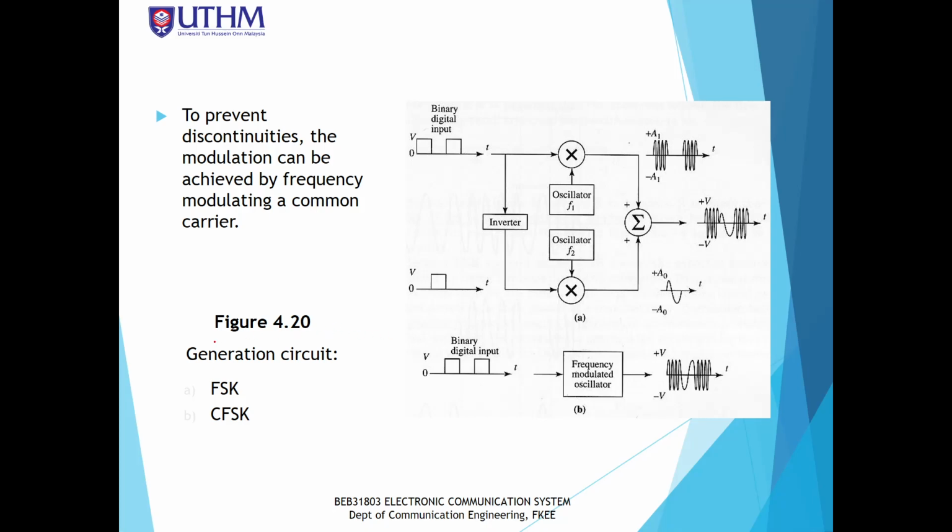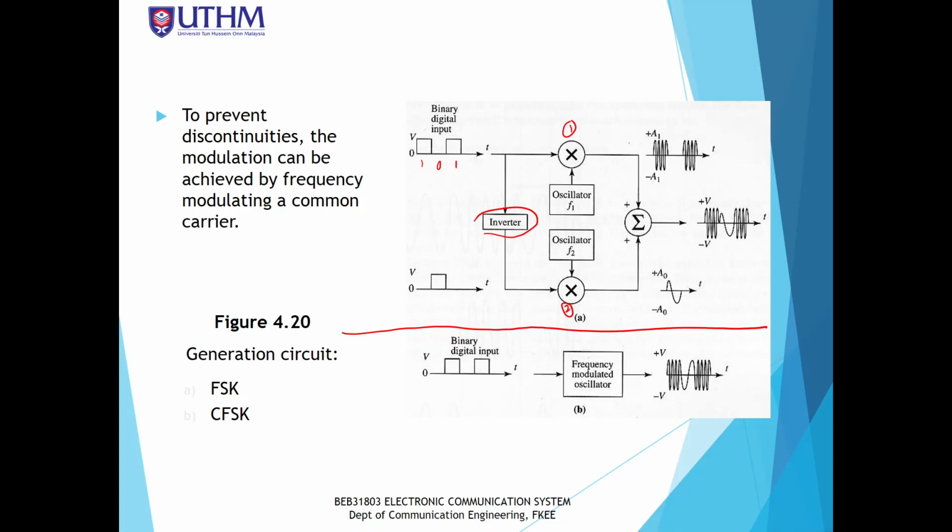Okay, so if you see the picture above, picture A, you see that here we have a digital input 101. This will be supplied to the first balance modulator. The input is also supplied to the second balance modulator, but before that we have the inverter over here, which will invert the input.